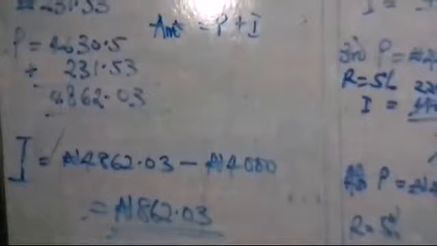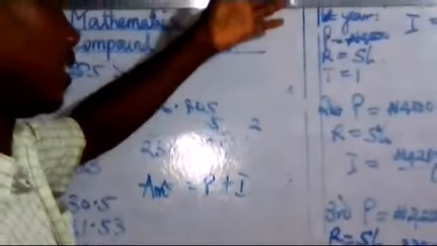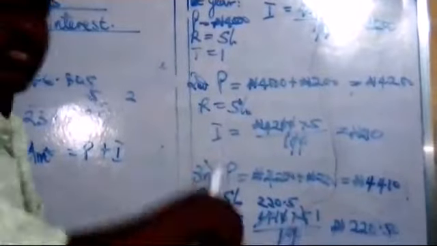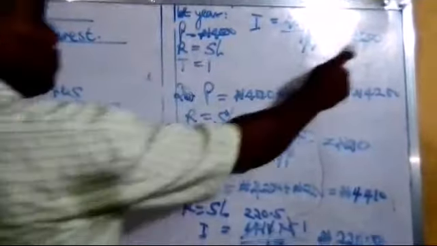Now, for your convenience, I want you to know that in the 1st year, this man took 4,000 naira to do business. And we agreed that the rate will be 5%. After that time, he made 200 naira. That 200 naira wasn't given back to me. He still put it back in his business. His principal has increased because the 200 was added to 4,000. It became 4,200.